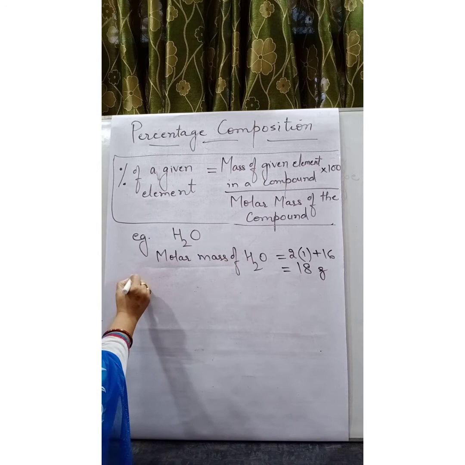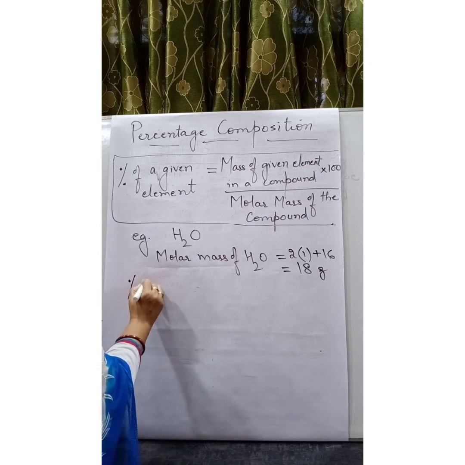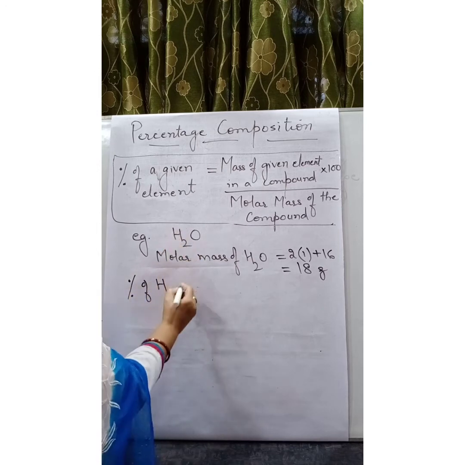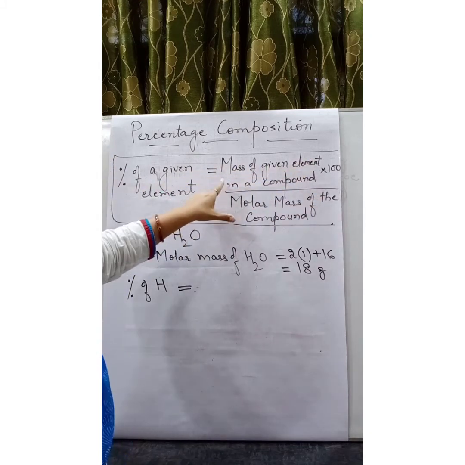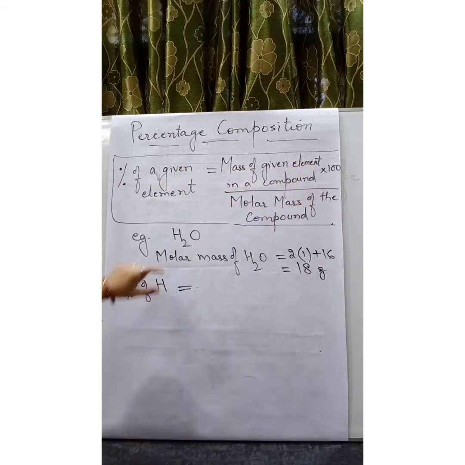Now if I want to calculate the percentage of hydrogen present in water, then according to the formula, percentage of a given element is equal to mass of the given element in the compound. Now what is the mass? There are a total of 2 hydrogen atoms present in water and 1 is the atomic mass of each hydrogen.